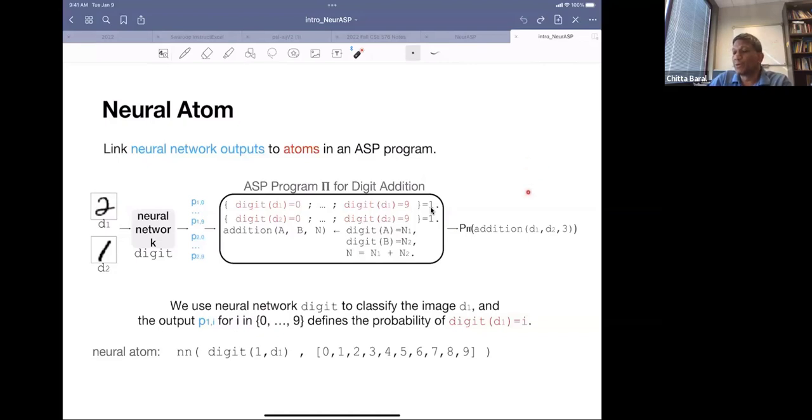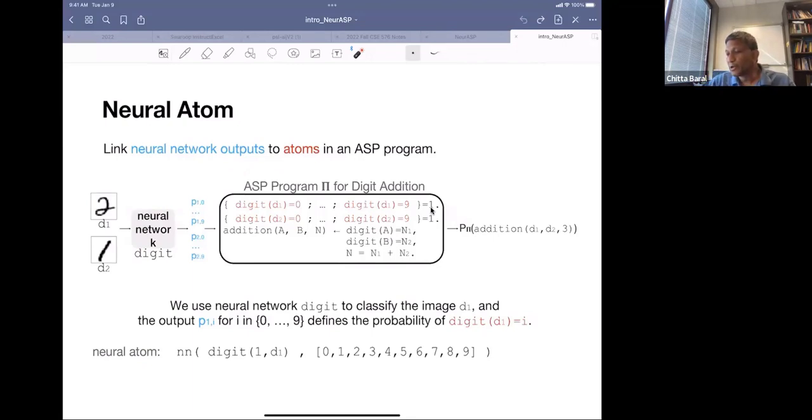Say in this case, you give output 3. The system will learn all the parameters here. But to do backpropagation, we need to define backpropagation over the ASP part. The backpropagation over the neural network part is well known, but you have to define it over the ASP part.